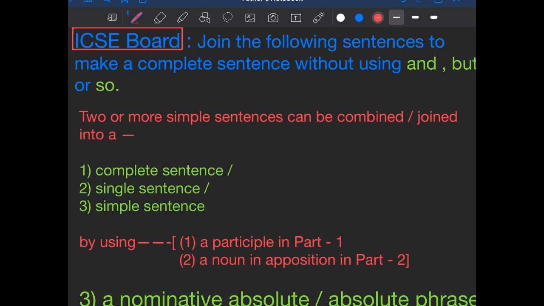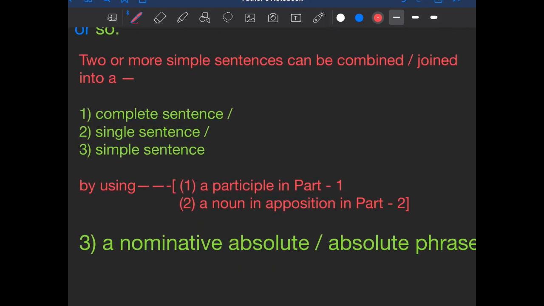I have used participle in part 1 and noun in apposition in part 2. Today we will see the use of nominative absolute or absolute phrase in joining two or more sentences in English. Okay, now take one or two examples for the clarifications and explanations of the matter.